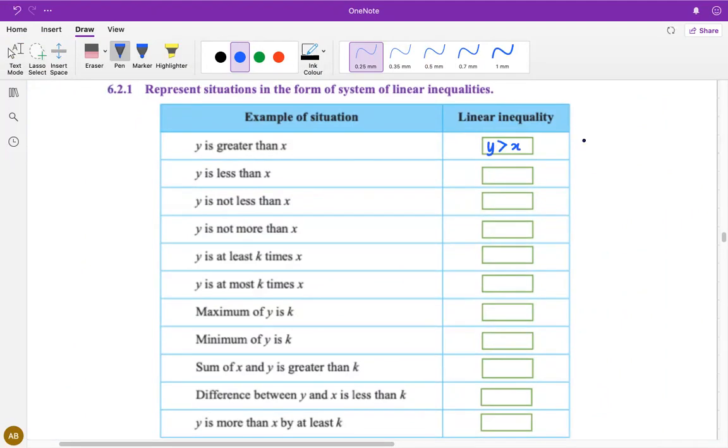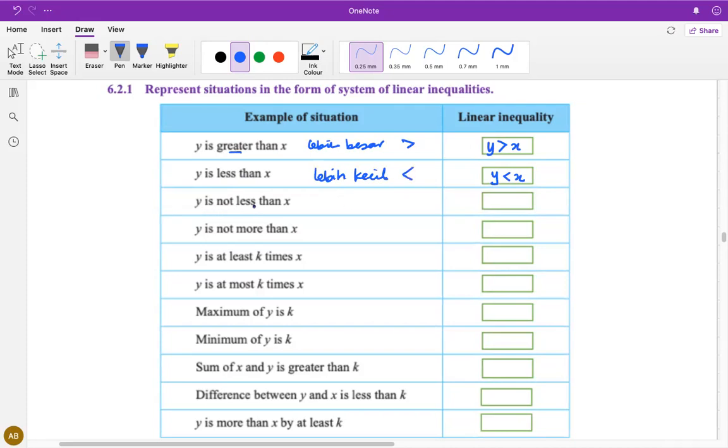Greater is lebih besar, so it's more than. If y is less than x, then we write y < x. Less than is lebih kecil.